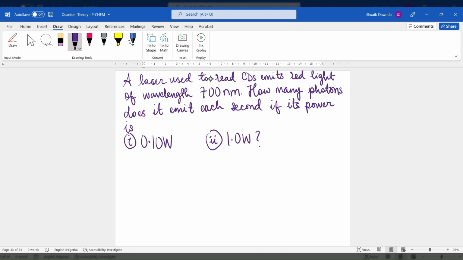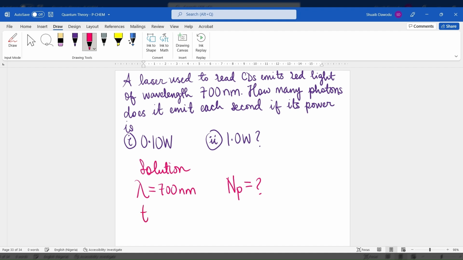They told us the laser used to read CDs emits light of wavelength 700 nanometers. So the solution would be to first of all write out the parameters that were given. The wavelength is 700 nanometers. How many photons does it emit? So we're asked to solve for the number of photons emitted each second.